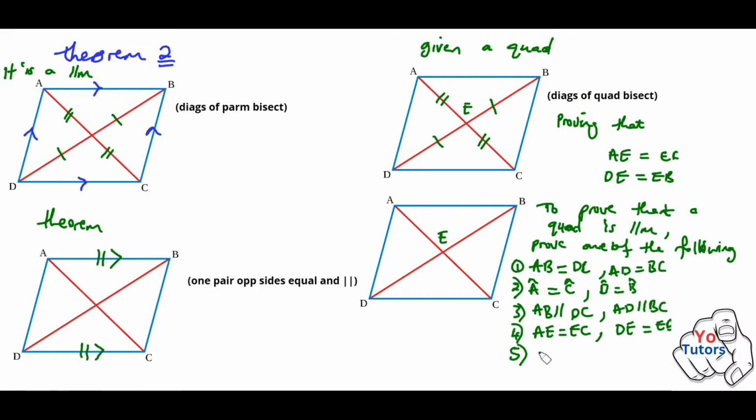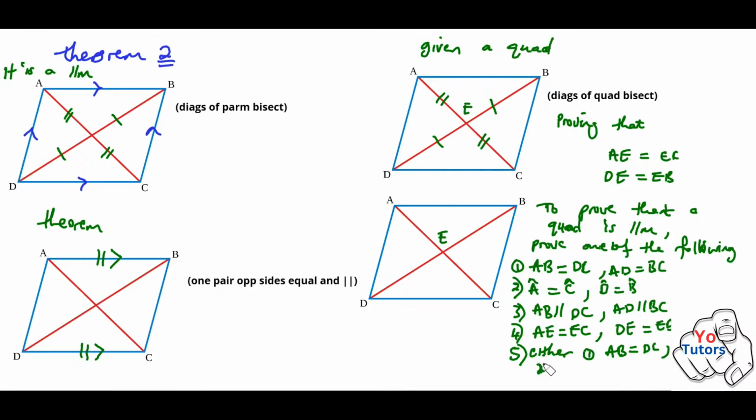Now, what else can we add there? We can also add that one pair. So it means that either, number one, you are able to show that AB is equal to DC and also AB is parallel to DC.